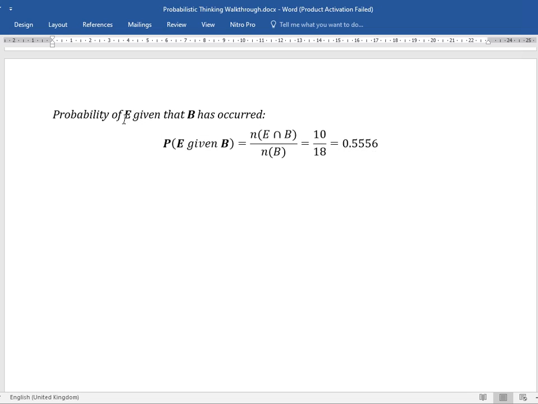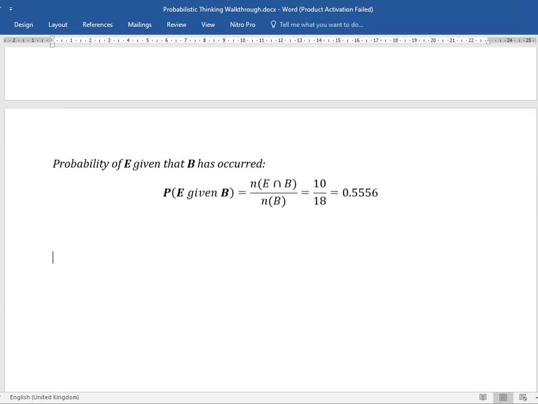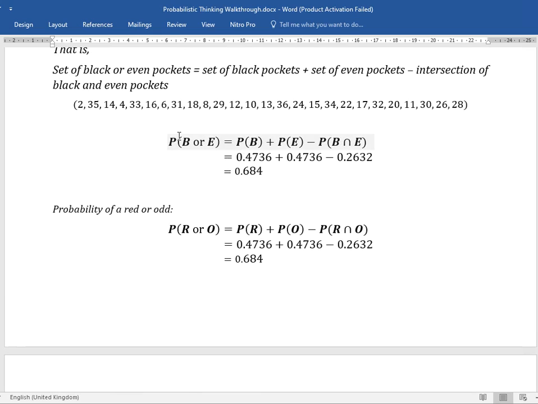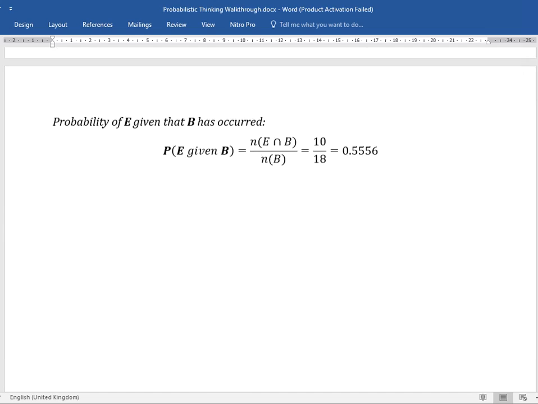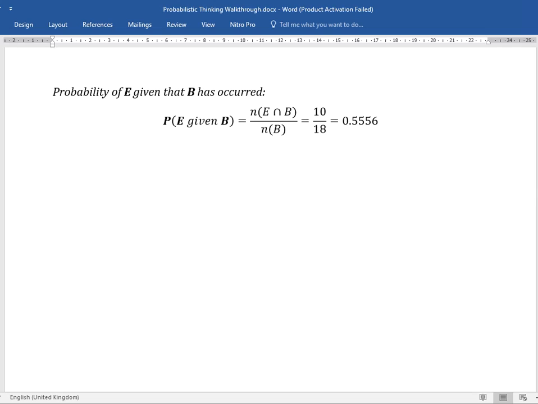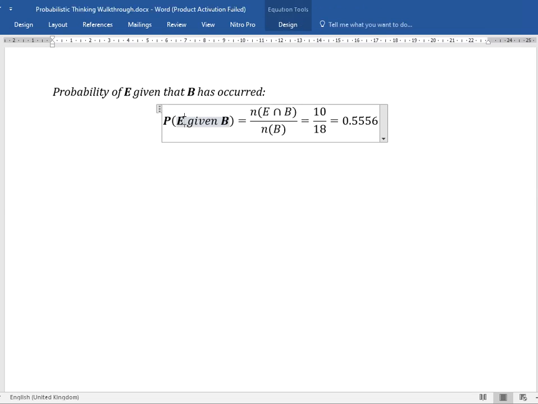But previously we had that the probability of E or B is what? 0.684. So it looks like it's smaller than the information that is available. By calculating the new probability of E, it looks like what we have now is smaller.